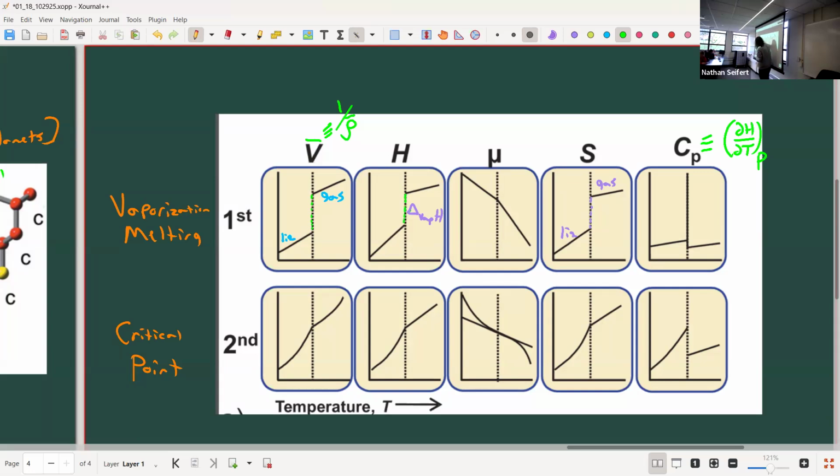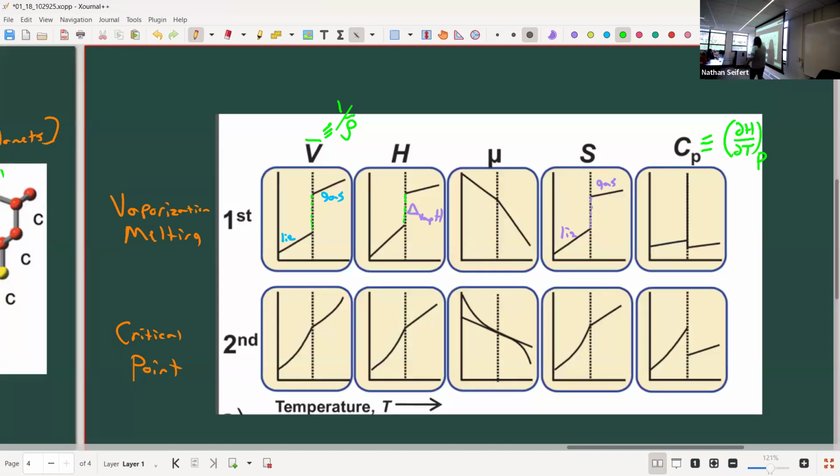So if the difference in x between this point and this point is 0, or very close to 0, an infinitesimally small change from the liquid to the gas, that goes to 0 as the step size gets smaller, but the change in y is very large. The change in y is whatever the enthalpy of vaporization is.